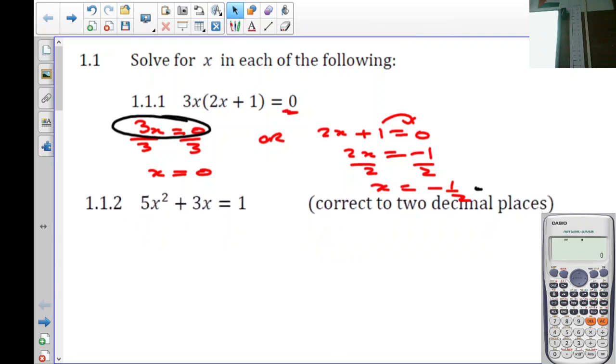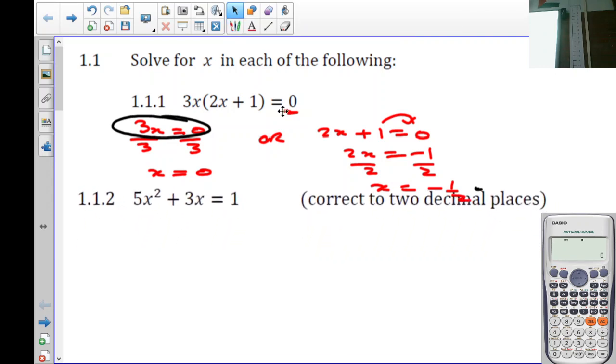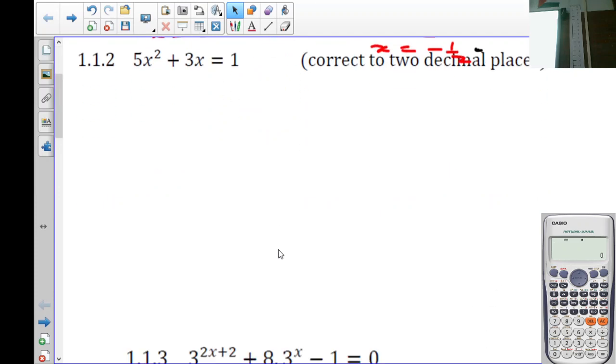Alright, let's look at question 1.1.2. It says you've got 5x squared plus 3x equals 1. You must solve for x to 2 decimal places here.